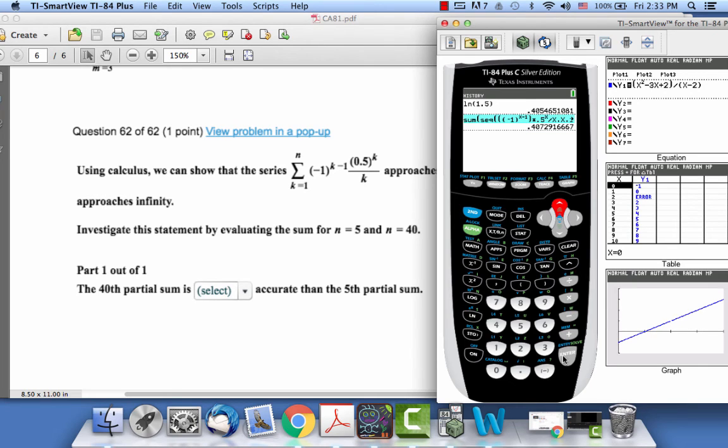Now I'm going to go back up, copy that down, but this time I'm going to go instead to 40. And I get 0.4054651081. At this point, the calculator can't even tell the difference between them, really.